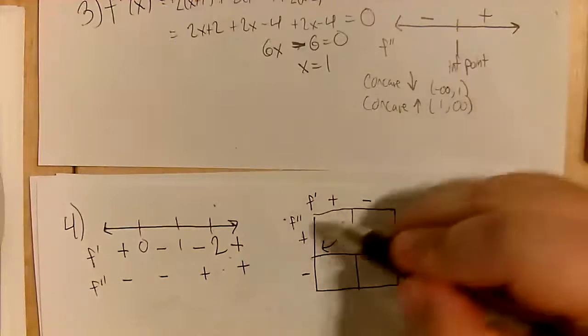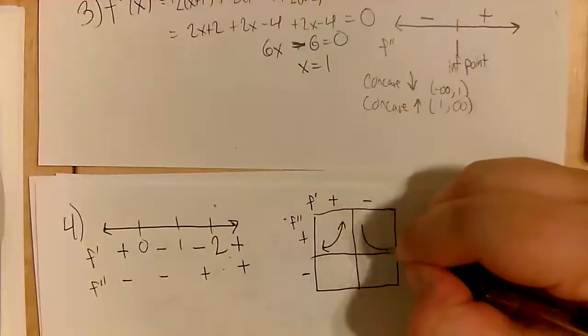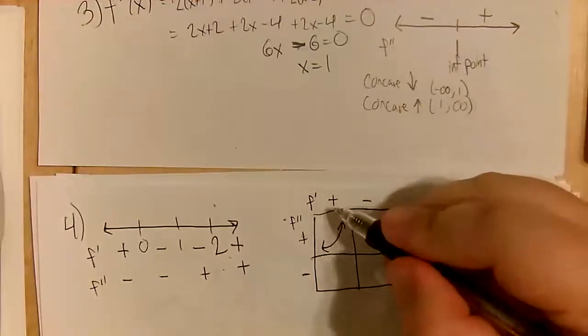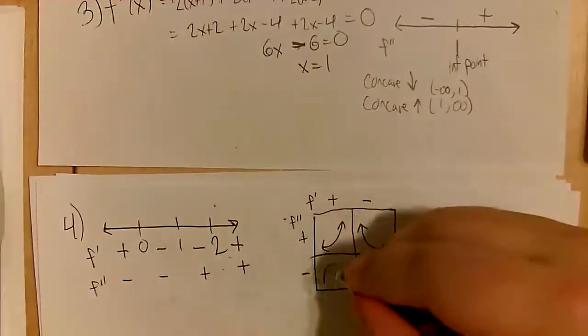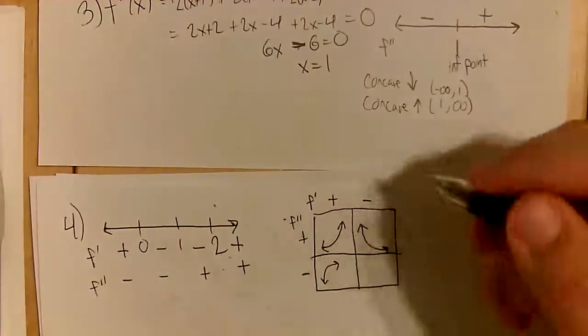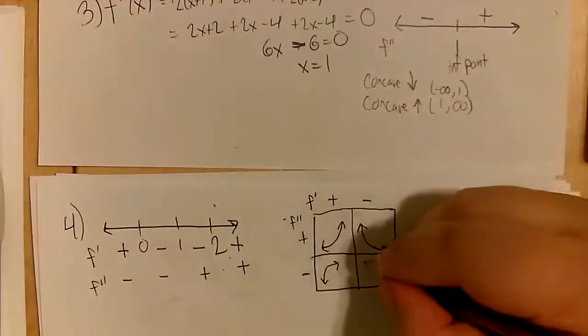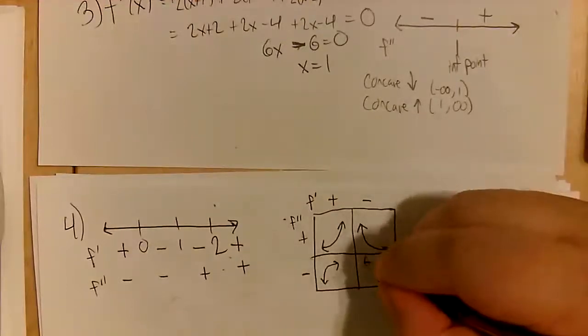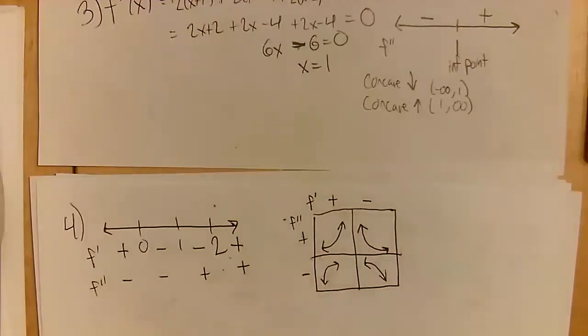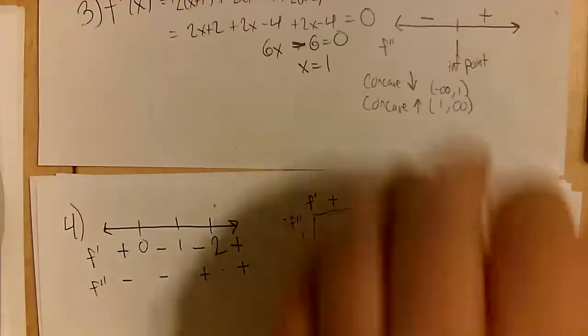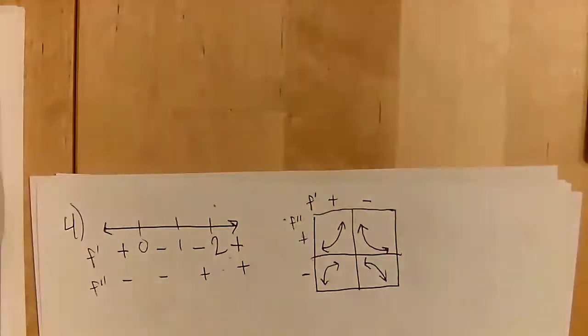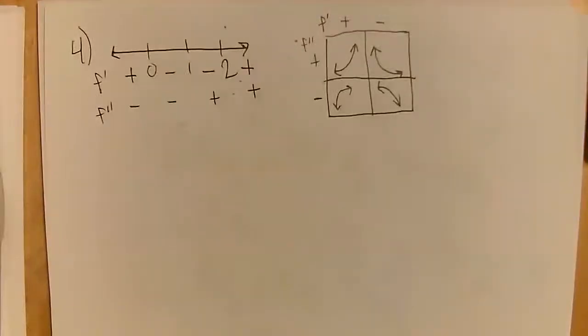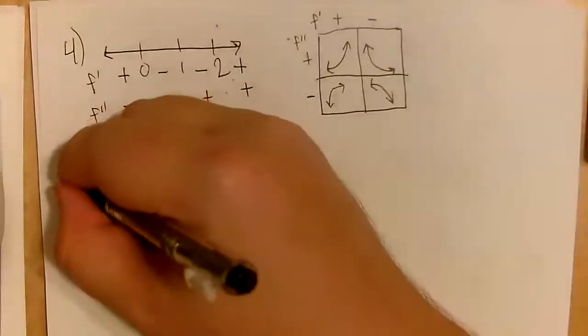If we're decreasing but we're concave up, that means we need to look something like this. If we're increasing but concave down, it will look like this. And if we're both decreasing and concave down, then we're going to end up looking like this right here. So these are the 4 basic shapes, and we're going to connect our points on our graph with shapes that look like this. And when we do so, our graph will look remarkably close to the actual one, like it'll just be a good graph.